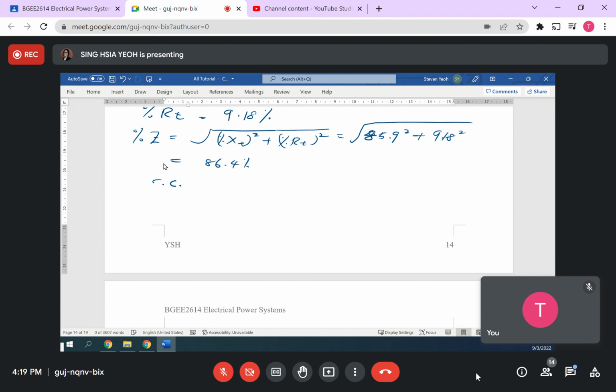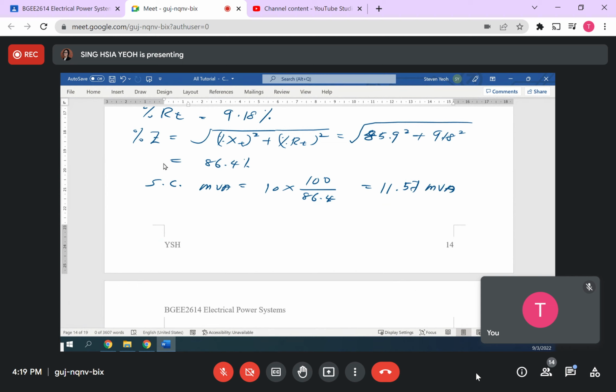Then last step already, so you can find the short circuit MVA. By using the formula 10 times 100 divided by 86.4, then you get 11.57 MVA.